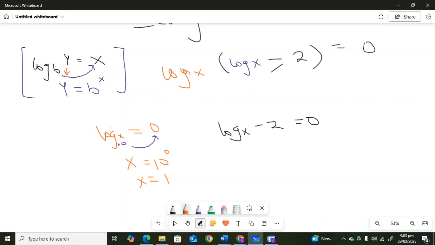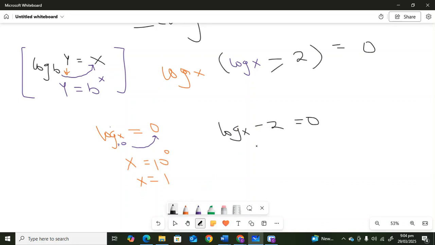Any questions before I move further? Similar to this one here, log x minus 2 equals 0.